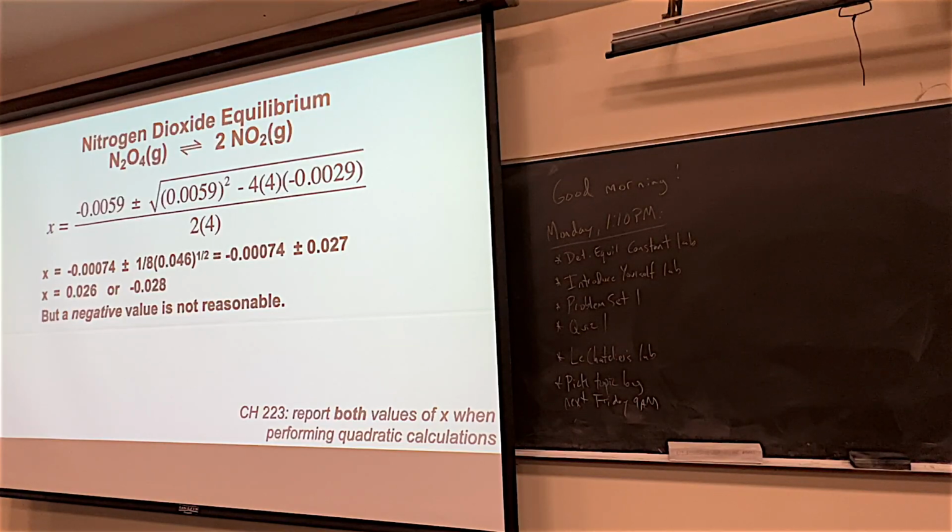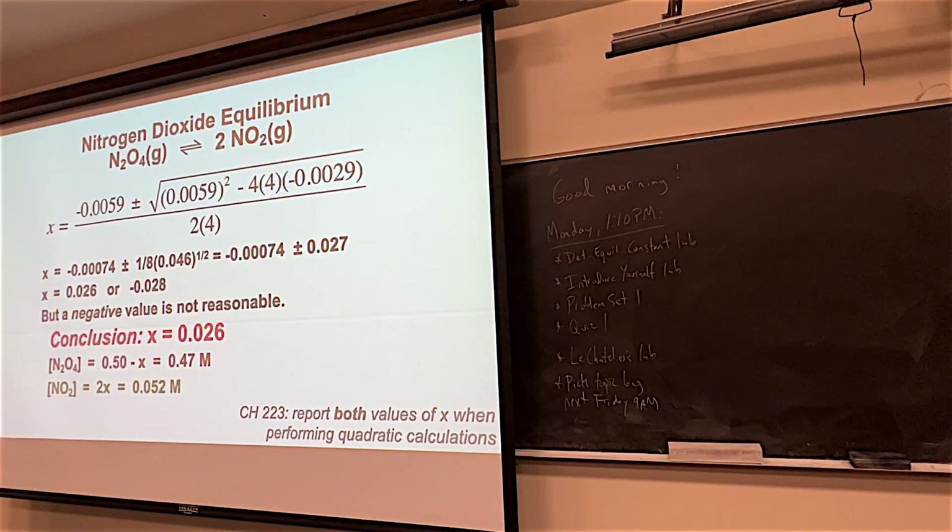It's a mathematical way to solve it, but it doesn't help us because you don't want to have a negative moles per liter NO2 or N2O4. So if you get a positive and a negative root, you can automatically just kill the negative one, all right? Still report it, but just don't worry about it because you can't do negative mass.